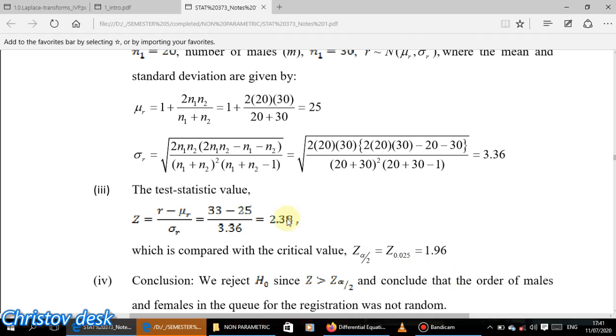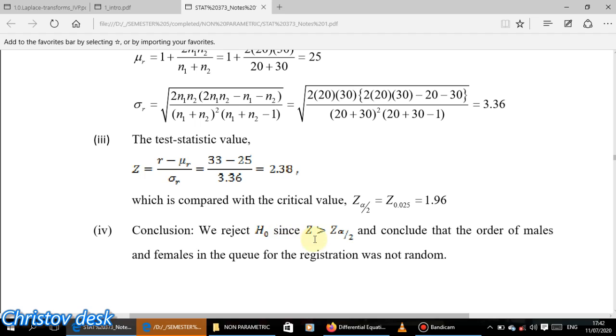This is greater than that. So in conclusion, we reject H naught since the z test statistic is greater than z alpha on 2, and conclude that the order of males and females in the queue for the registration was not random.